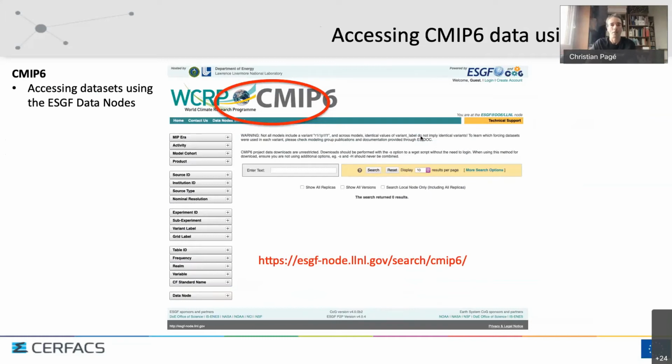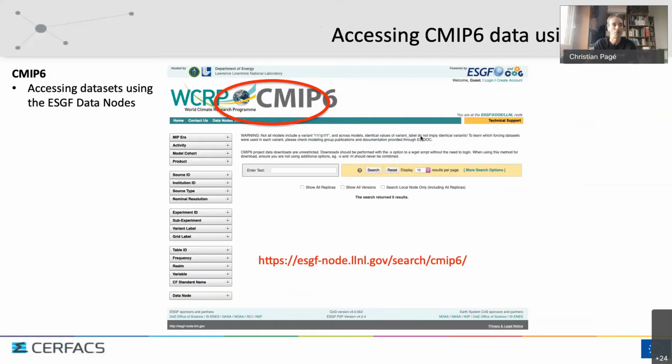So, accessing CMIP6 data, the basic access is through the data nodes of the ESGF. This is, as I said, the main infrastructure, and all the other portals are using those data nodes in some way in the backend. But you can access them directly yourself.